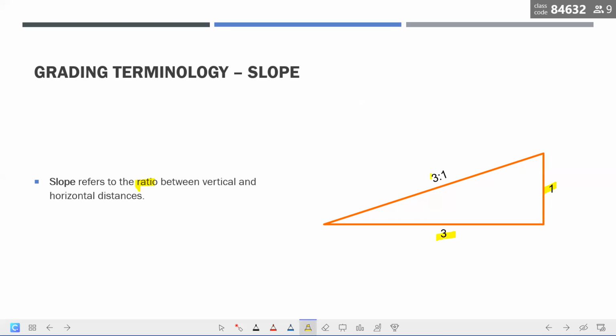So the slope is a 3 to 1 slope. It's the ratio between horizontal and vertical distances, not the other way around.